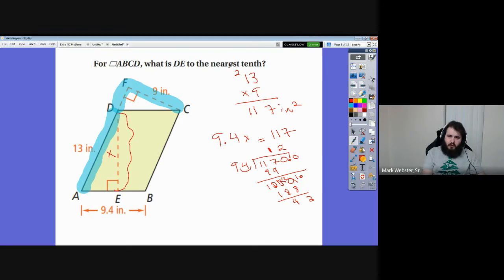We don't have to do this for a while. They say to the nearest tenth, so we got to at least get it out to the hundredth place so that we can round. 94 goes into 420. 94, 188, 282, 376.